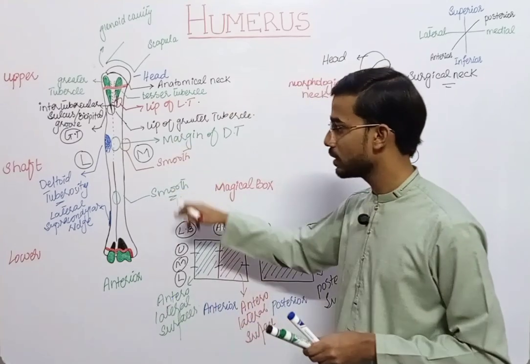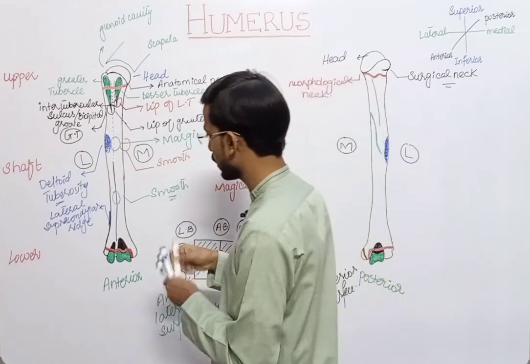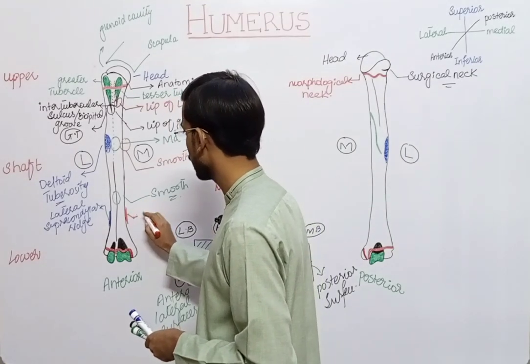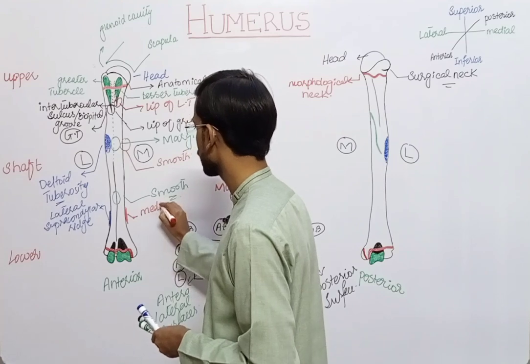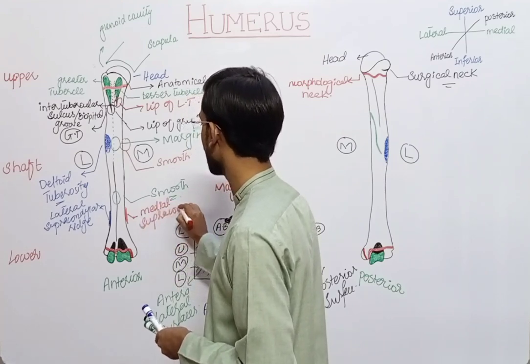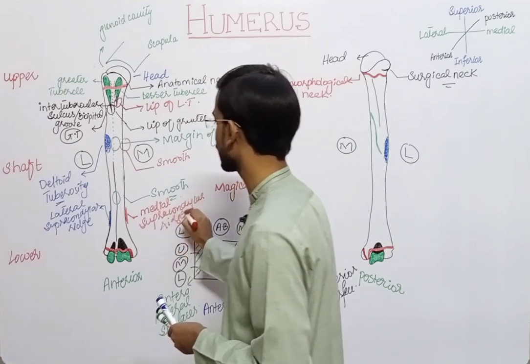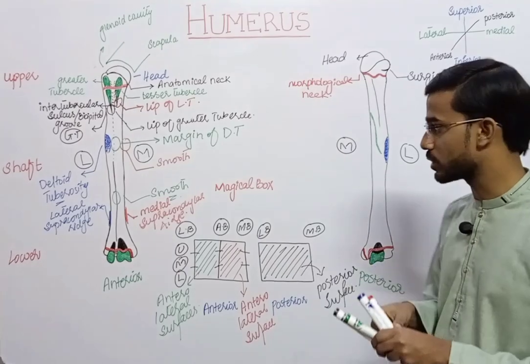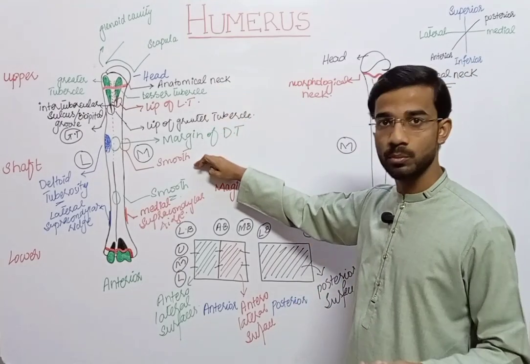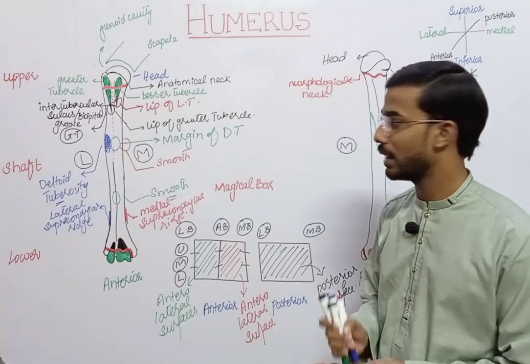But at the inferior side or the lower portion, there is another ridge which is called the medial supracondylar ridge. So upper portion is the lip of the lesser tubercle, middle is smooth, and lower is the medial supracondylar ridge.